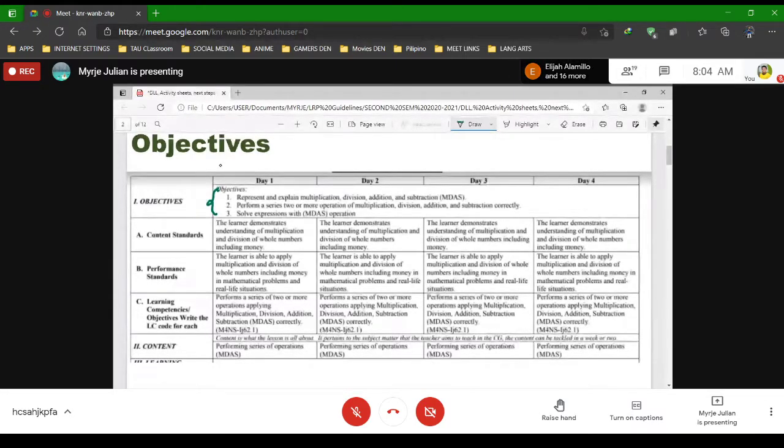Okay? So dito, yung objectives ng kaklase ninyo are the following. Represent and explain multiplication. Actually, represent and explain MDAS. Perform a series of two or more operations and then solve expressions with MDAS operation.